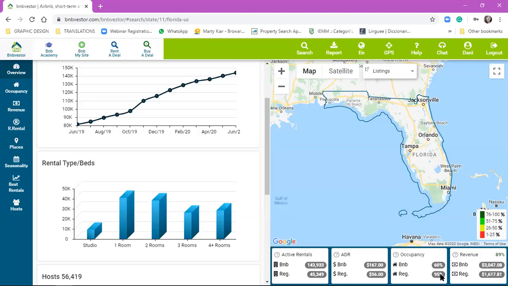But the average daily rate for BNB, since it's short-term rentals, is going to vary in price, but it's going to be higher.